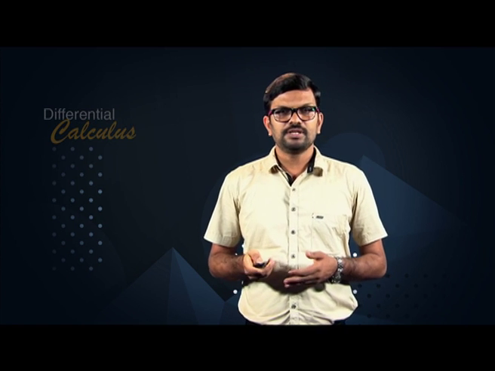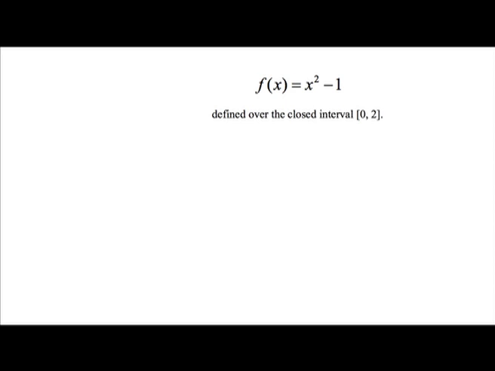For example, consider the function f(x) equal to x square minus 1 defined on the closed interval [0, 2]. When x equal to 0, we have f(0) equal to minus 1, getting a point (0, minus 1) on the curve, and when x equal to 0.5, we have f(0.5) equal to 0.5 square minus 1, which is equal to minus 0.75, getting another point (0.5, minus 0.75).